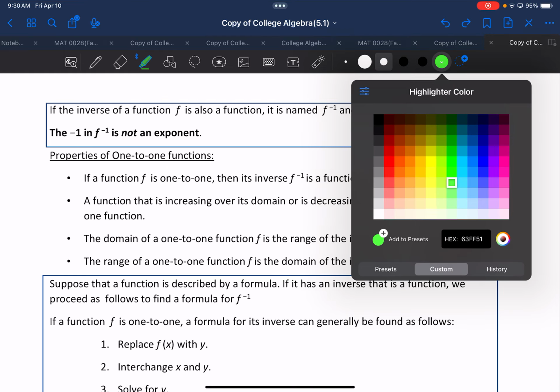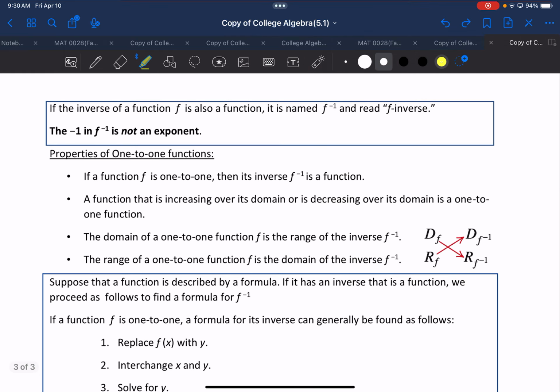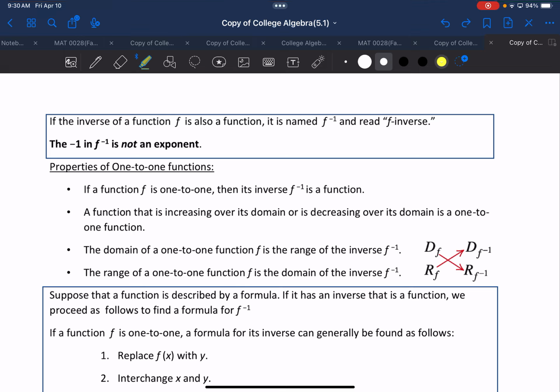Okay, so we're going to learn about some properties of these one-to-one functions. This first box on this last page here is really just about the notation of an inverse function. So if the inverse of a function f is also a function, then we name it this, which we would read as f inverse. So this is the notation you would see in Pearson if they wanted you to find the inverse function.